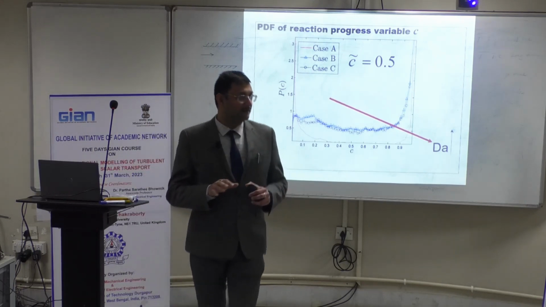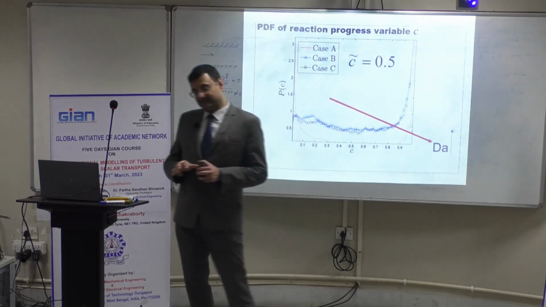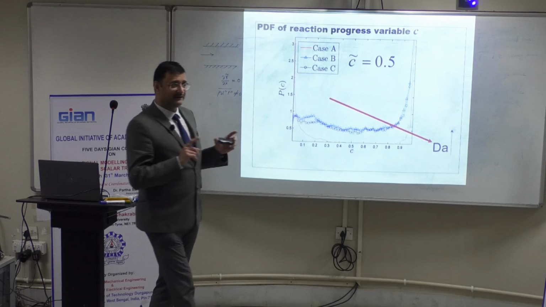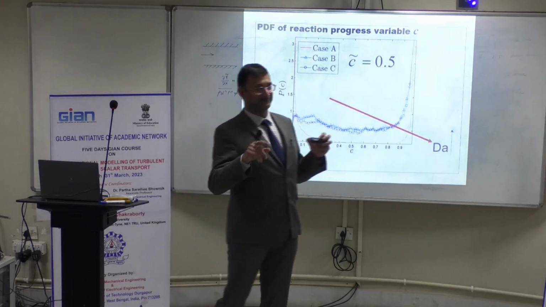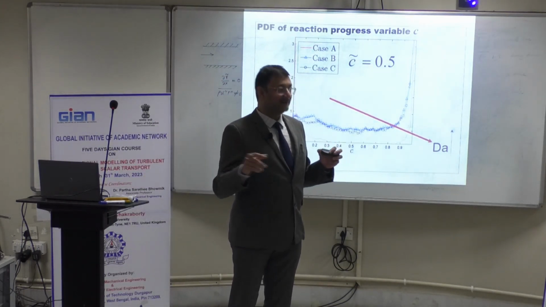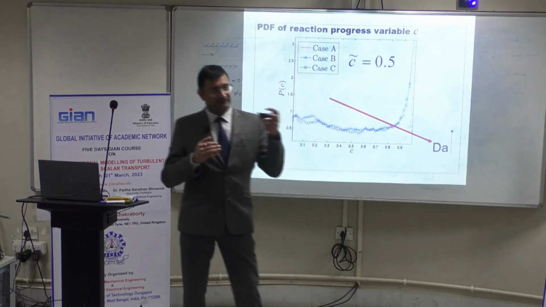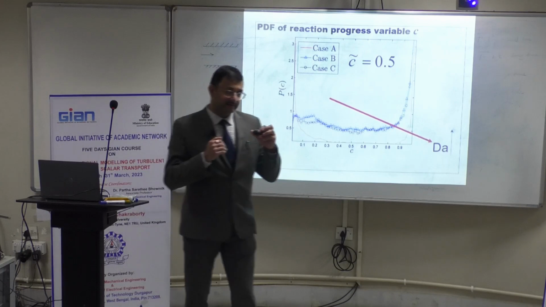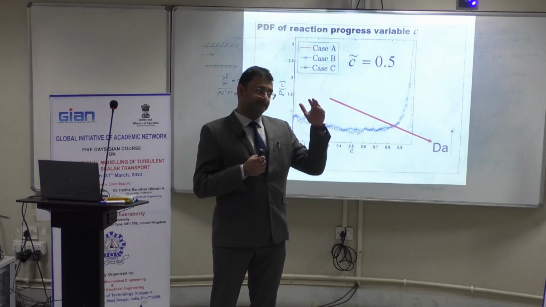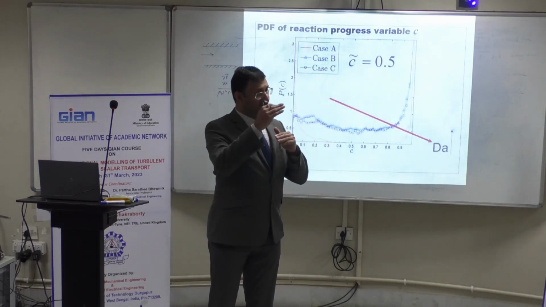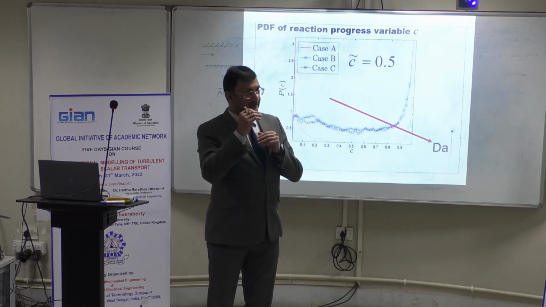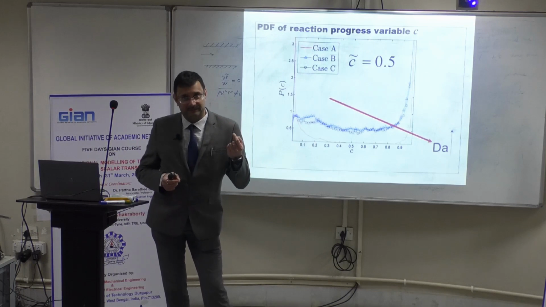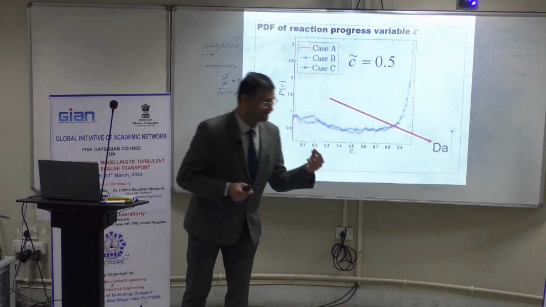Yesterday, if you remember, I told you that if you have a bimodal PDF, the variance of C becomes C tilde times 1 minus C tilde. So, just to link yesterday's lecture to today's lecture, if the variance is smaller than C tilde times 1 minus C tilde, you firstly note that bimodality is not maintained.